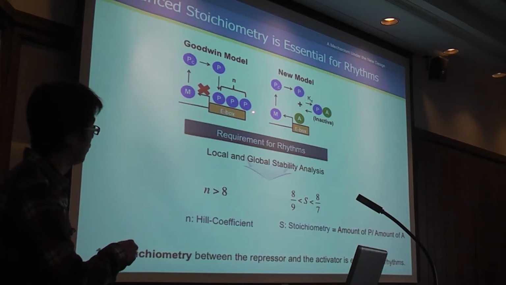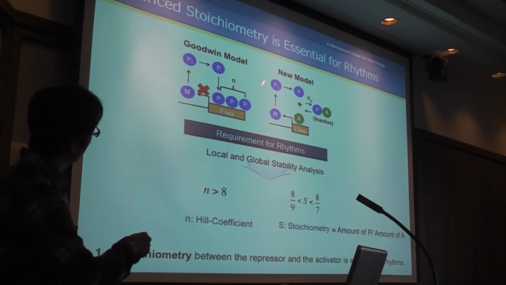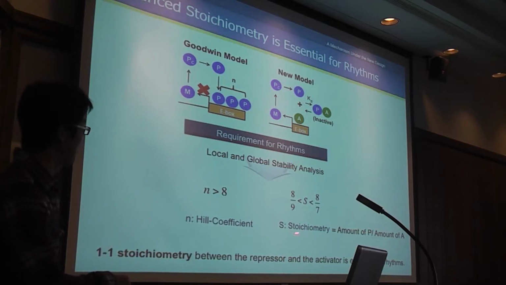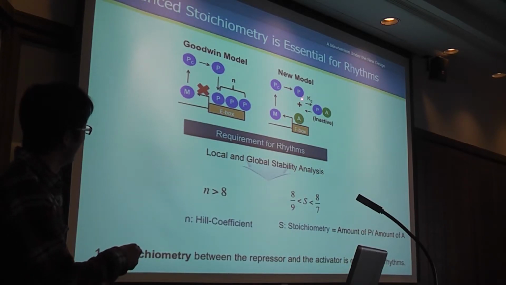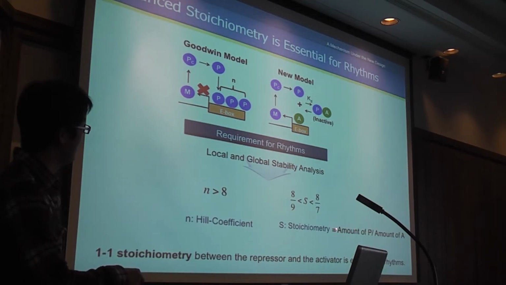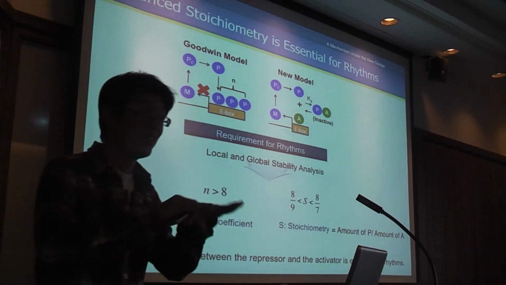We need multiple binding sites. However, for this type of model, which is based on protein sequestration, we need a one-to-one stoichiometry. Here, stoichiometry means there is a repressor P and an activator. The ratio between the amount of P and activator should be similar.